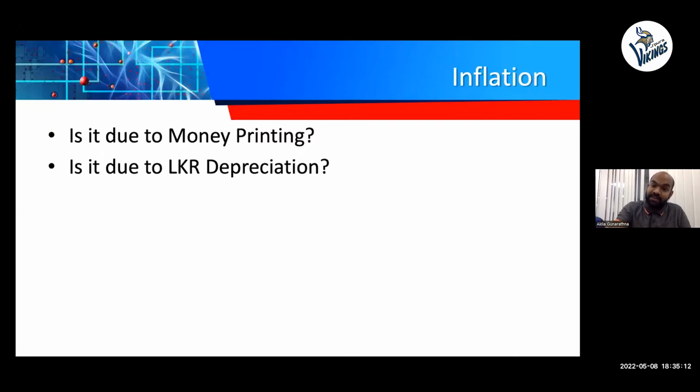Why did the rupee depreciate? The central bank held the dollar-rupee rate at 203 for some time. But what happened was the market rates were different. Therefore, it created a black market. When things are not happening in the natural way, a black market starts operating.